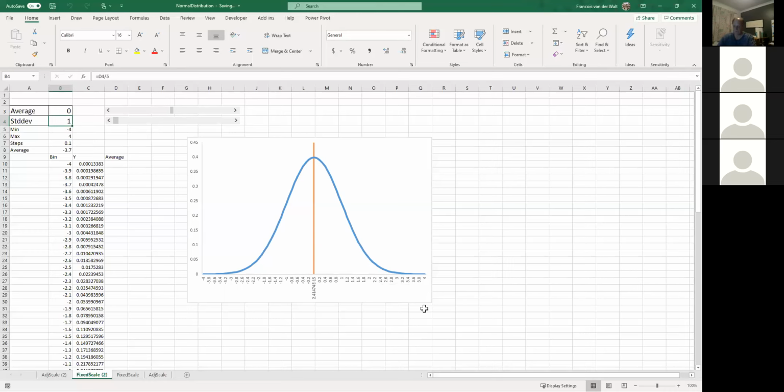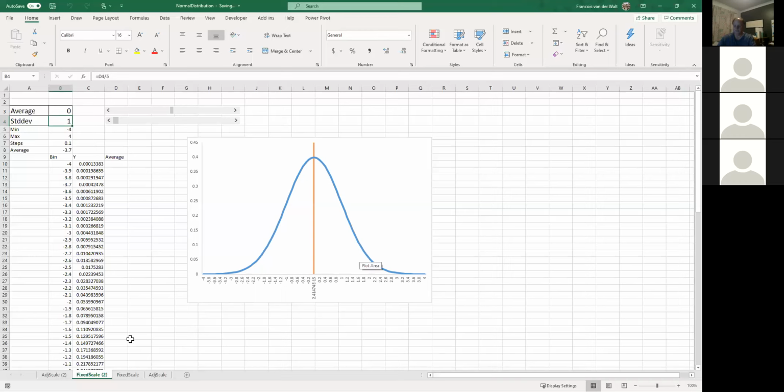Now take a note, it's roughly from minus 3.6 to 3.6, and this height is 0.4. But the key thing is this area underneath here always adds up to 1.